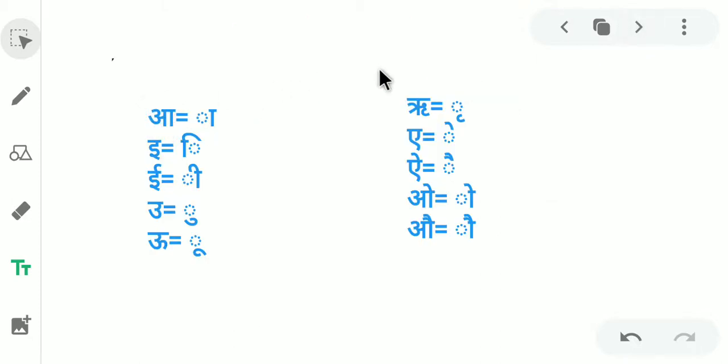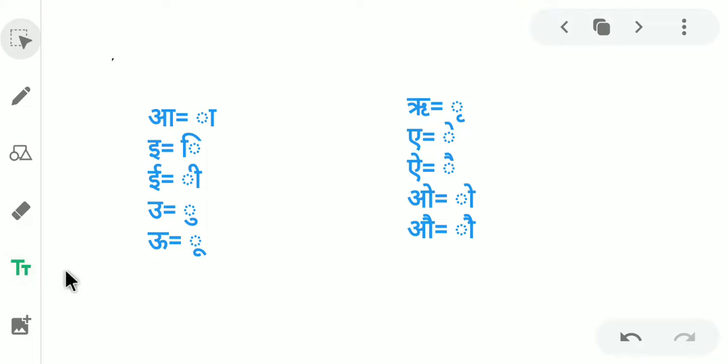So again it is a sign of A, it is a sign of E, and it is a sign of big E. It is a sign of U, and it is a sign of big U. It is a sign of Re. It is a sign of A. It is a sign of I. It is a sign of O. It is a sign of O.